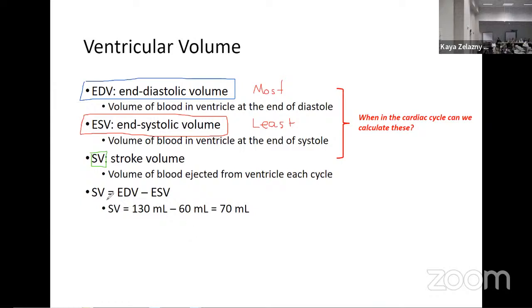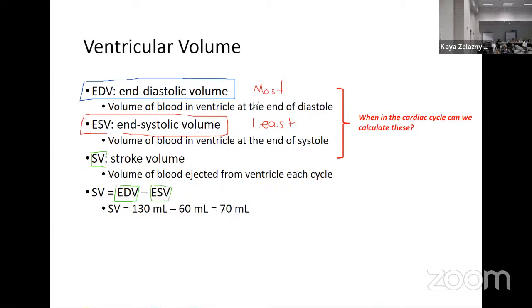So to find the stroke volume, we can just compare how much blood we started with at the end of diastole and how much blood we ended up with at the end of systole after we squeezed out as much as we can. To calculate our stroke volume, we subtract, starting with our end diastolic volume, and then subtract out the end systolic volume.